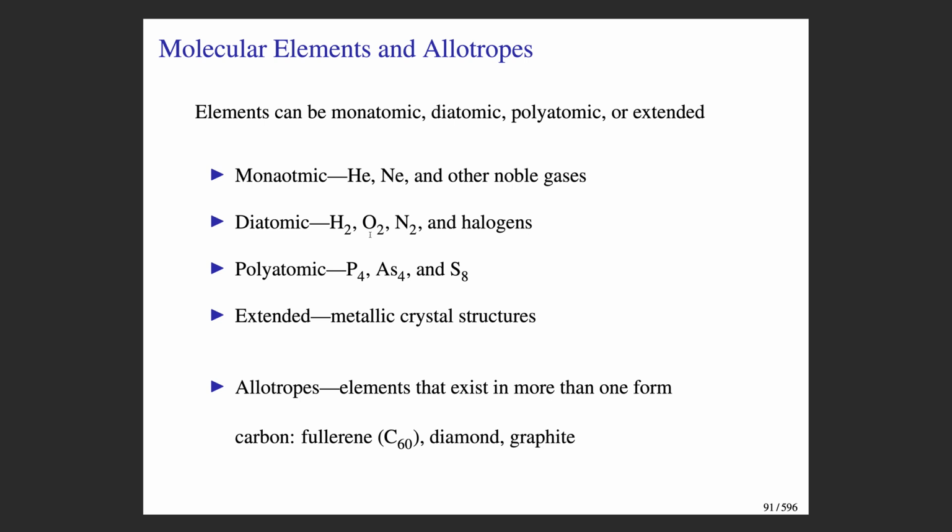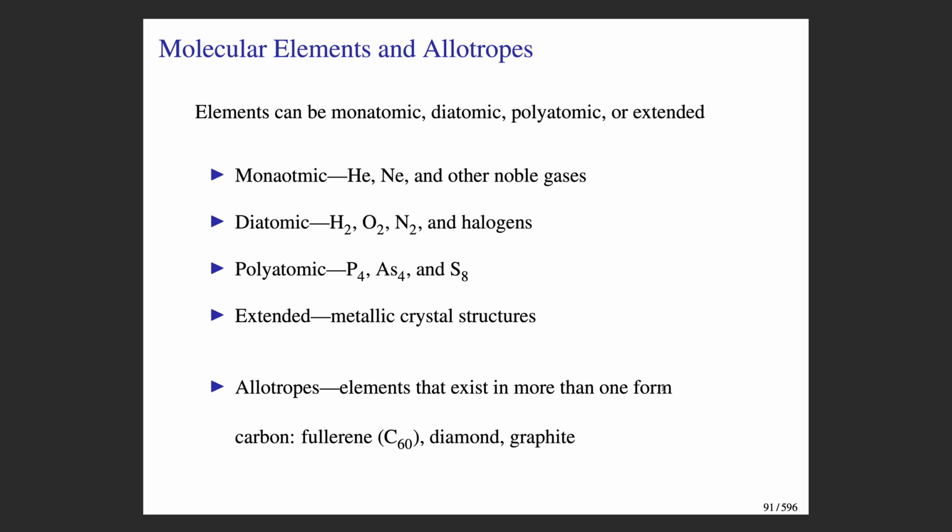There's yet another form of oxygen called ozone, which consists of little triatomic molecules. So diatomic oxygen and monoatomic oxygen and triatomic oxygen are all allotropes of the same element. So an allotrope refers to the fact that an element can exist in more than one form.